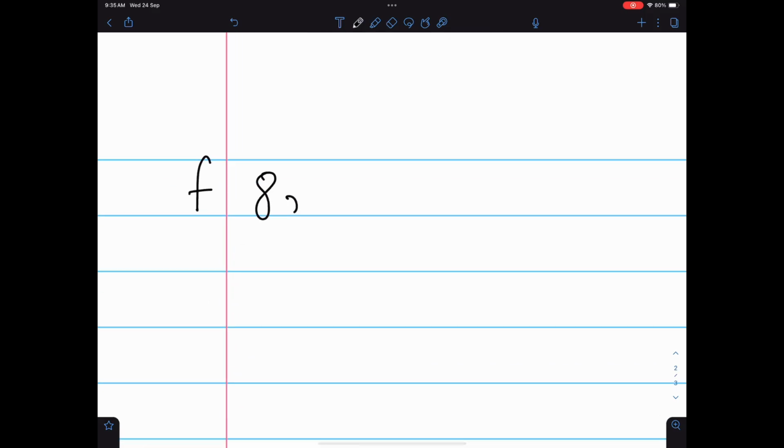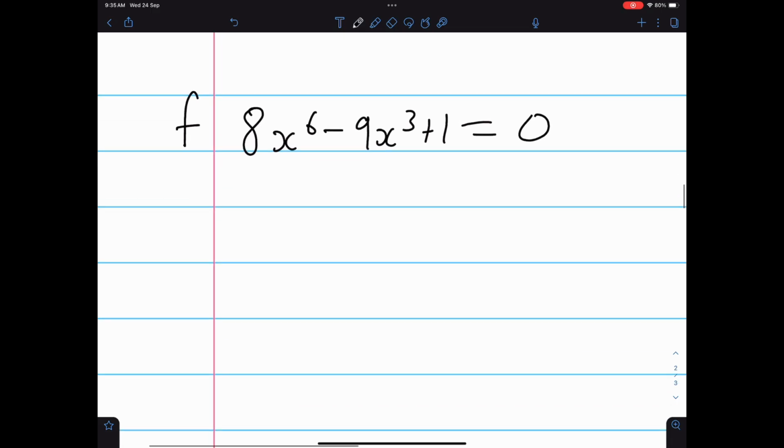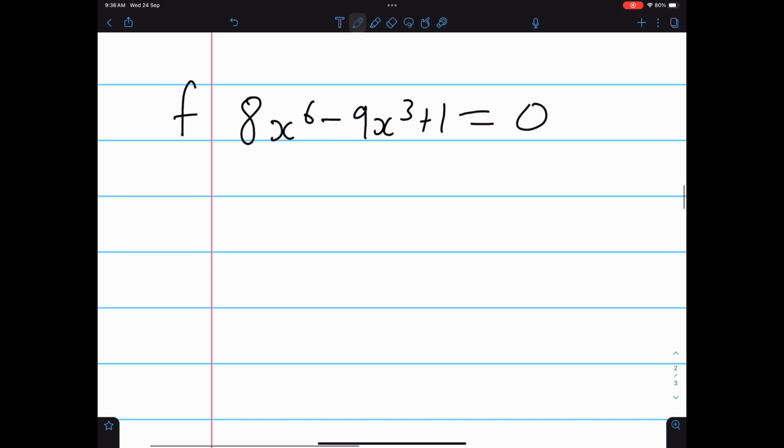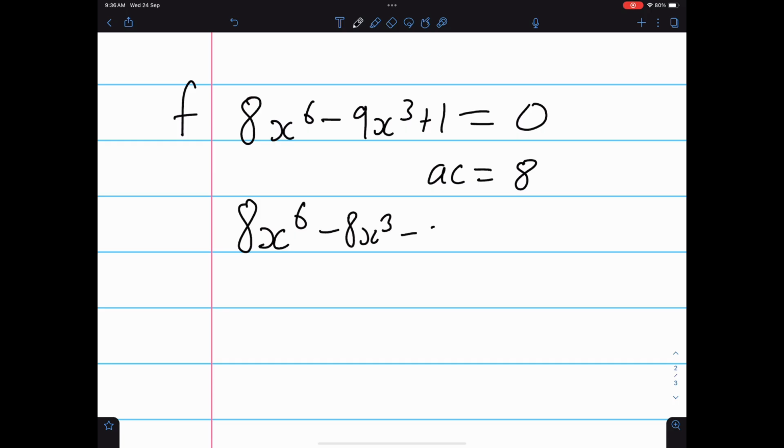Right, F, 8x to the power of 6 minus 9x cubed plus 1 equals 0. AC equals 8, so we split it as 8x cubed minus 8x cubed minus x cubed plus 1 equals 0.